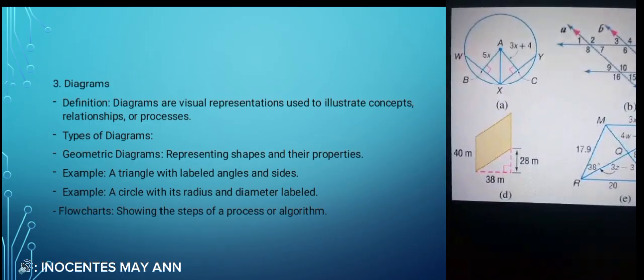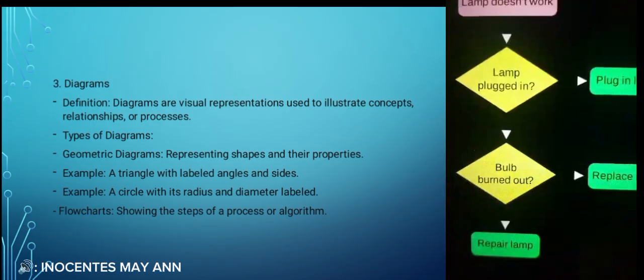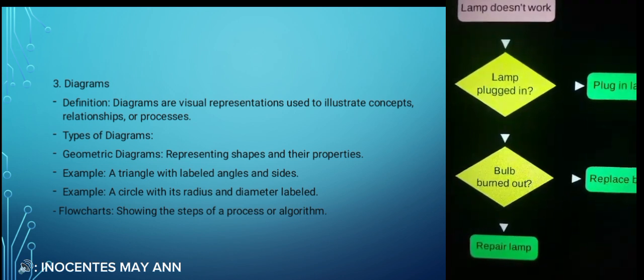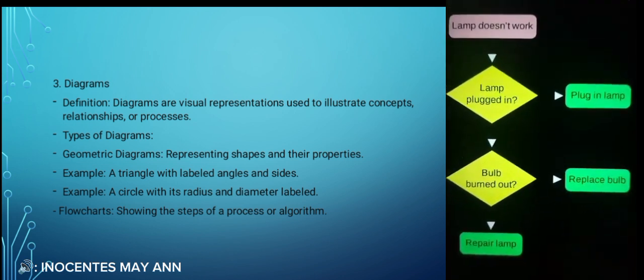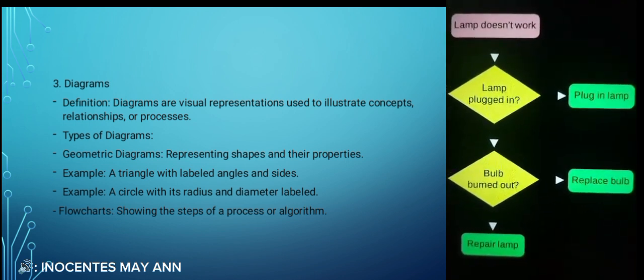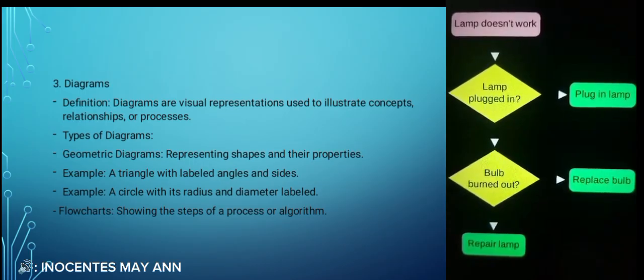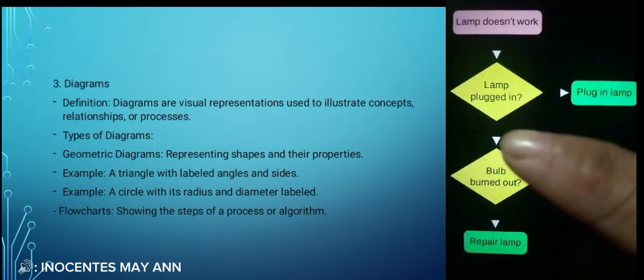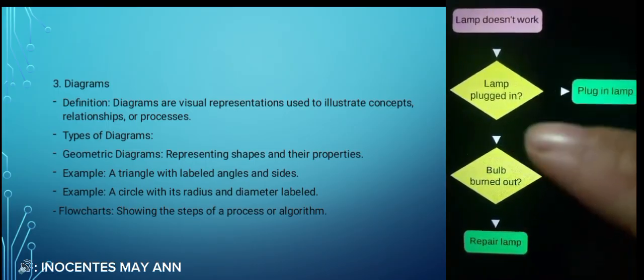Next is flowcharts, showing the steps of a process or algorithm. In this, we can see steps of a process. When a lamp does not work, we check if the lamp is plugged in. If it is not plugged in, we plug it in.